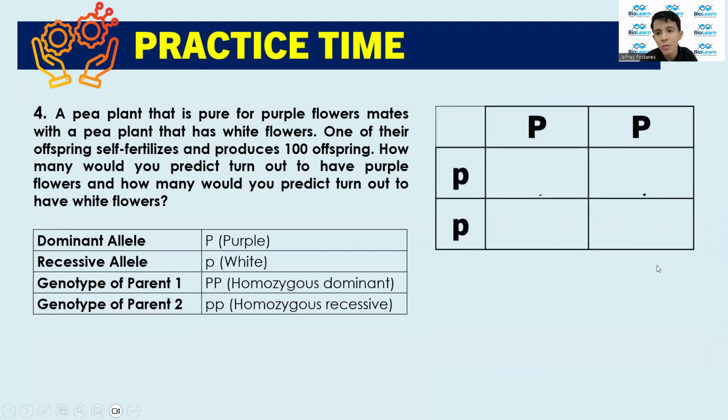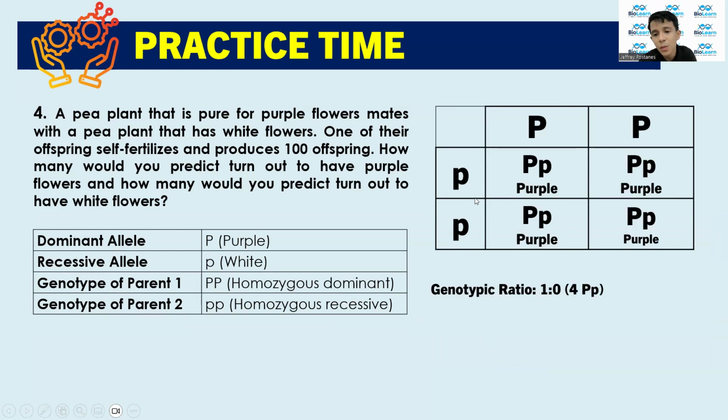So you have here the homozygous dominant and homozygous recessive parents. And when you do the Punnett square, you will get a genotypic ratio of 1:0 because the genotypes are 100% heterozygous. And for the phenotypic ratio, that's 1:0, because you have 4 offspring with purple flowers.